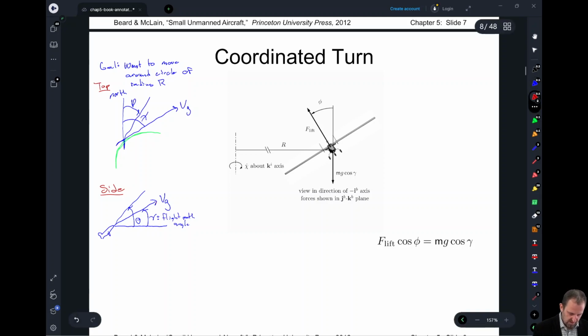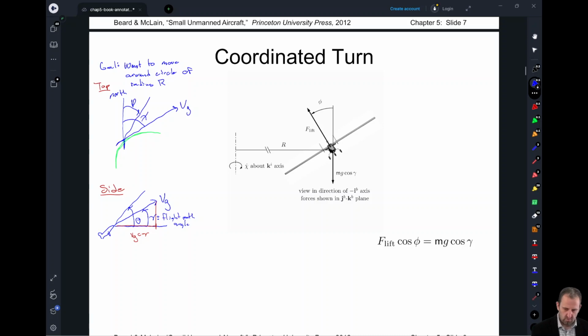I'll draw it in red. The horizontal component is just going to be our Vg times the cosine of gamma. So now we have that horizontal component, the velocity in the horizontal direction.